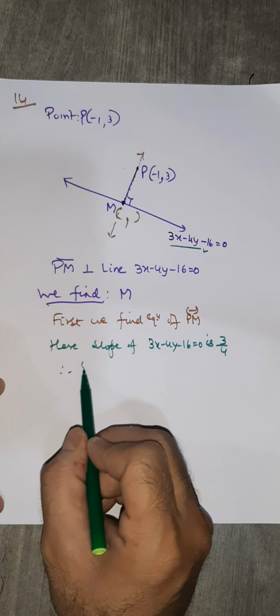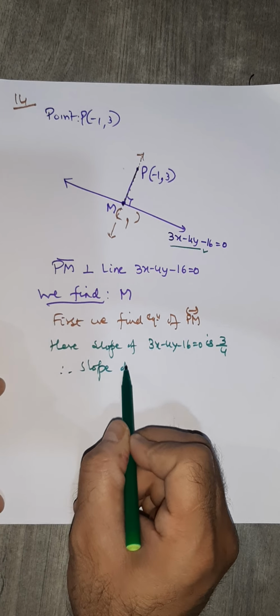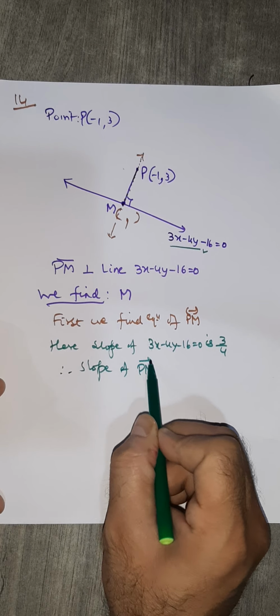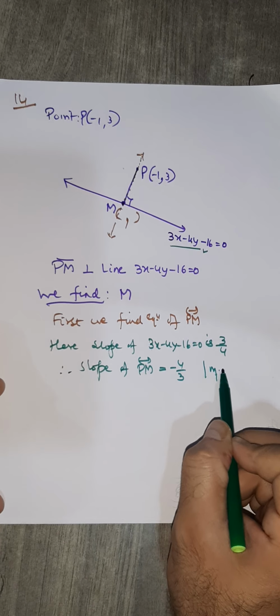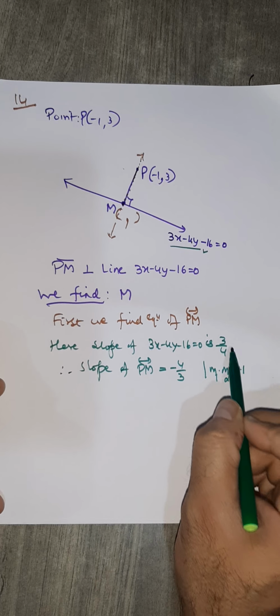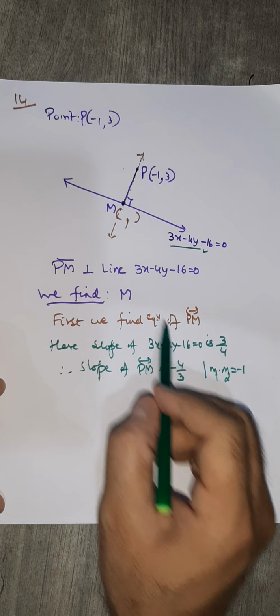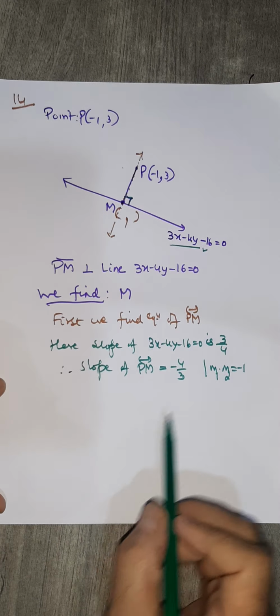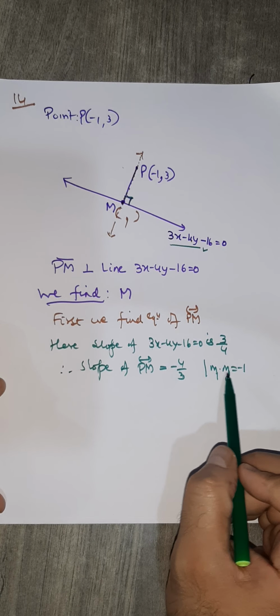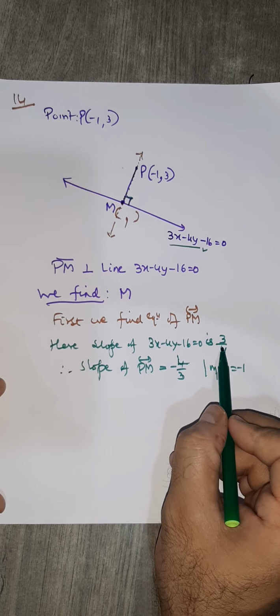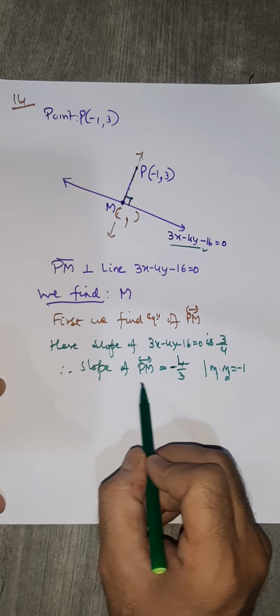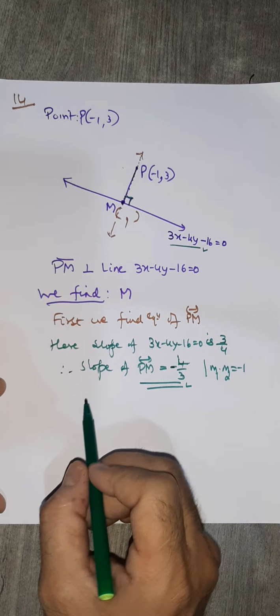So the slope of PM, you can write it easily. Which concept? m1 into m2 equals minus 1. The product of these two should be minus 1 because they are perpendicular. Parallel, equal; perpendicular, product of the slopes equals minus 1. Reciprocal with opposite sign.